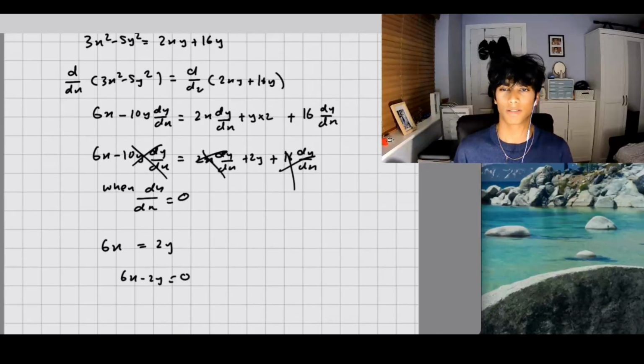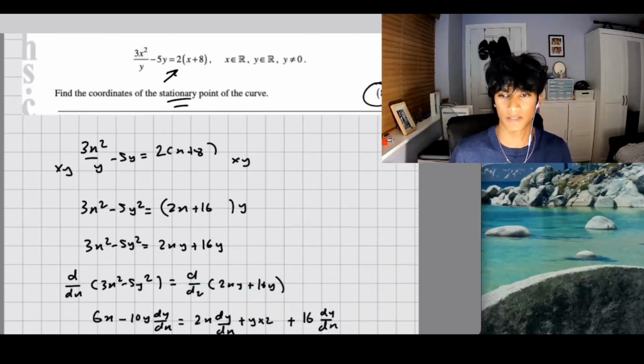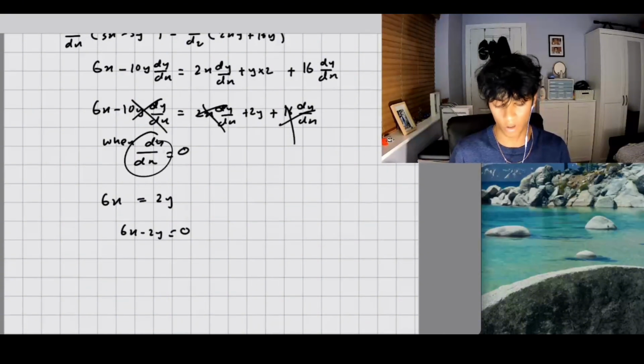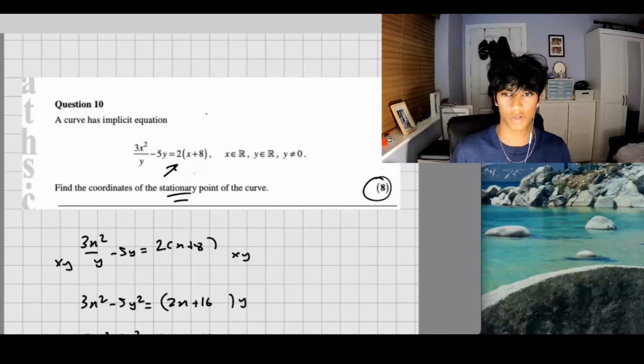Okay, now if we go back to the original question, that's basically like the gradient function of this curve. It's not in terms of dy/dx, but that's the gradient function of the original equation.